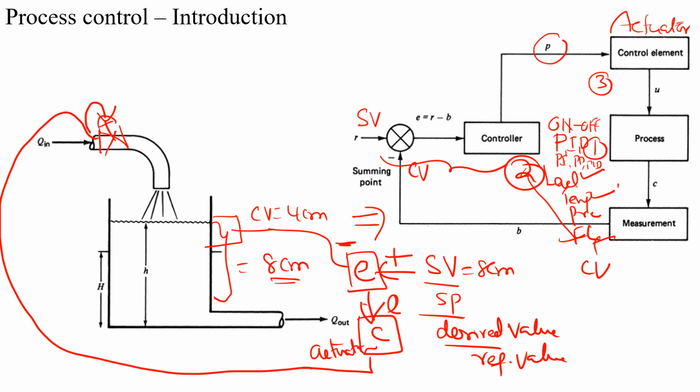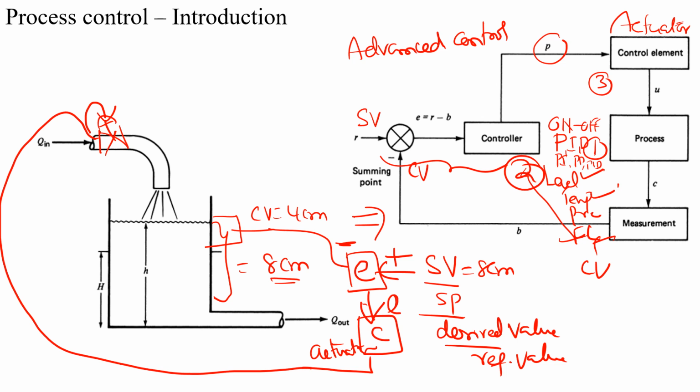Then the fourth unit is, apart from conventional controllers, we have some advanced control strategies like feed forward control, cascade control, and internal model control. So those control schemes we are going to discuss in this fourth unit.